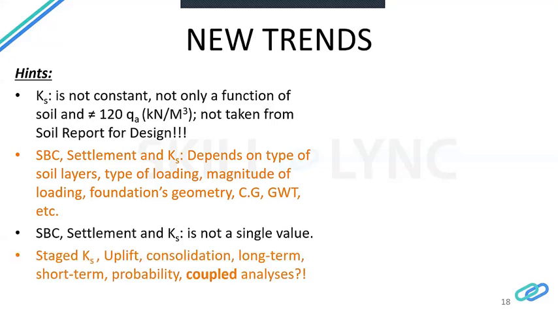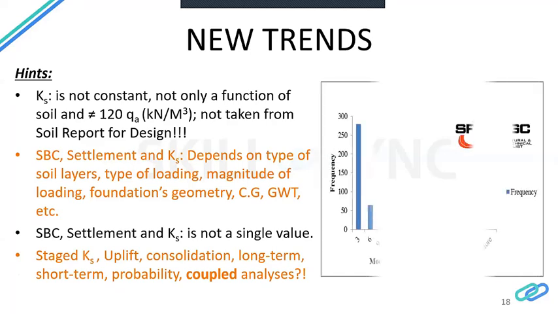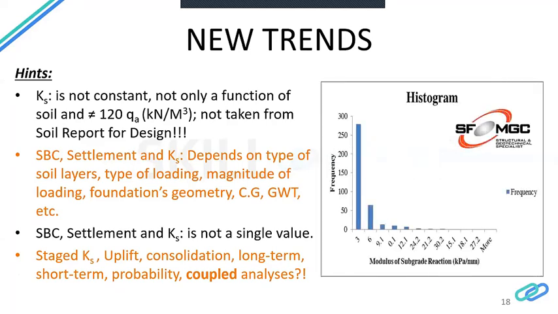And also another important aspect, but before talking about the last point, I will show you this diagram of what we mean by KS, or the modulus of subgrade reaction, not being a constant or a single value. For example, this is a post-processing output result from the finite element analysis conducted in Plaxis 3D for a raft foundation system. We get what statistically we know as a histogram.